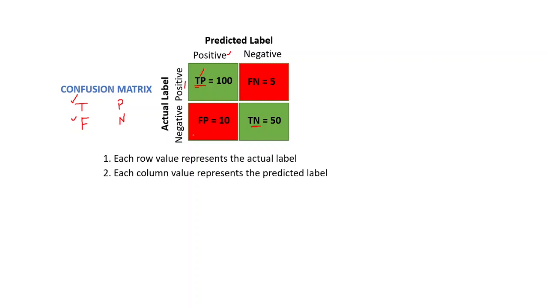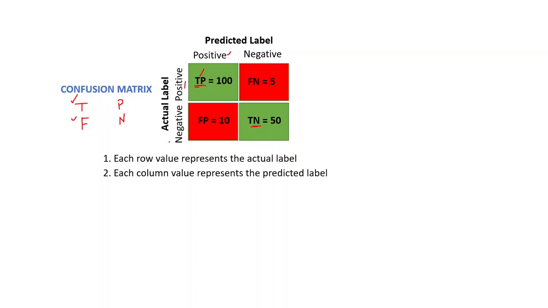Coming to this cell, the row label is negative and the column label is positive. They didn't match, so it got the value false. And in this example, both the row label and the column label matched, so they got the value T, or true.